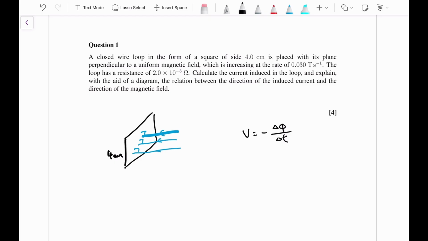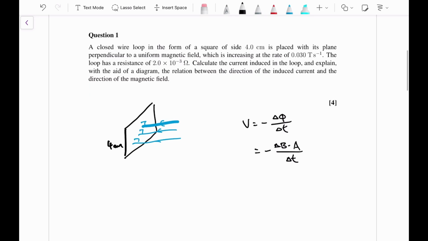Now the magnetic flux is basically equal to the magnetic flux density times the area. Now in this case, the area doesn't change, it's only the density, so that is a difference in B times A over difference in t.